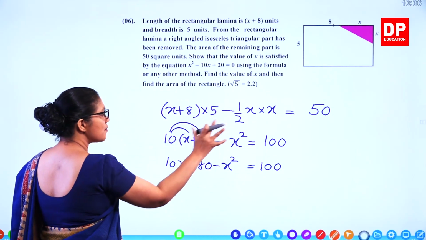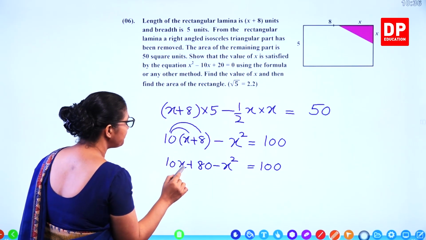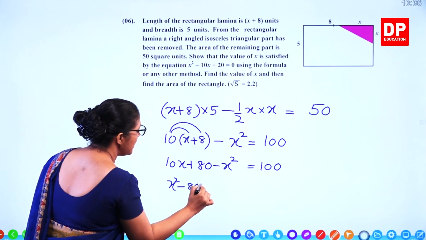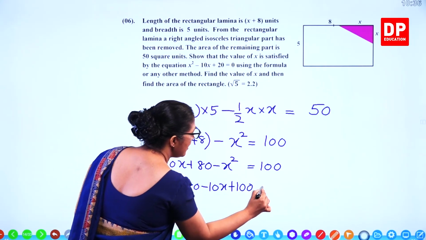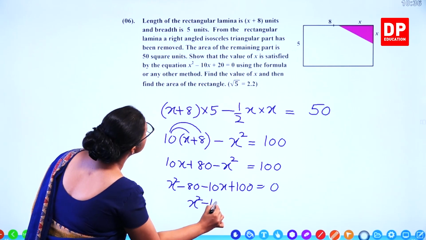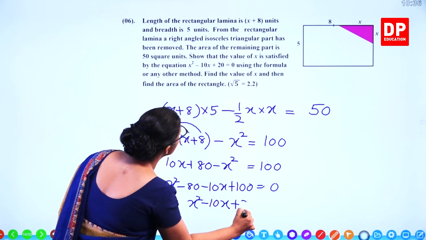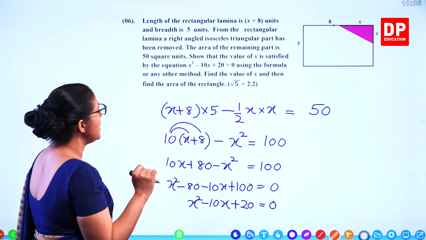We'll take all terms to the other side because we need positive x squared. So you get x squared minus 80 minus 10x plus 100 equals 0. x squared minus 10x minus 80 and plus 100, that's plus 20, is equal to 0. So that's the equation we need.